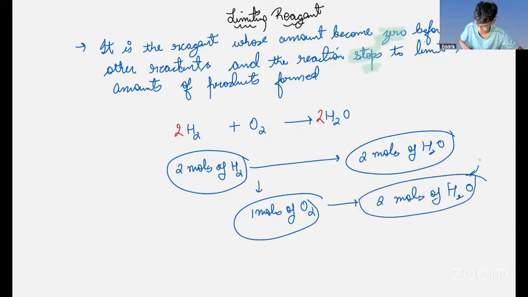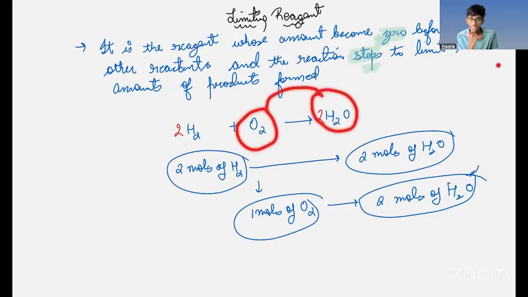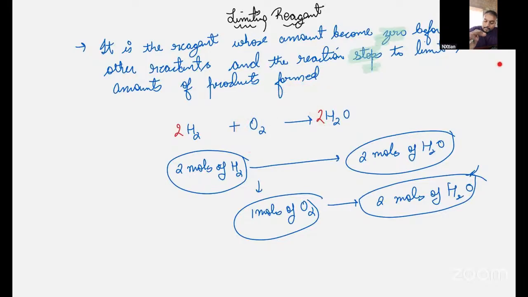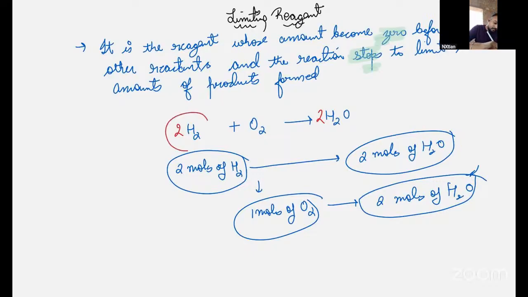So how will you calculate the LR then? 1 mole of oxygen is enough for making the 2 moles of water. Did you understand? So here hydrogen will be the limiting reagent, LR.